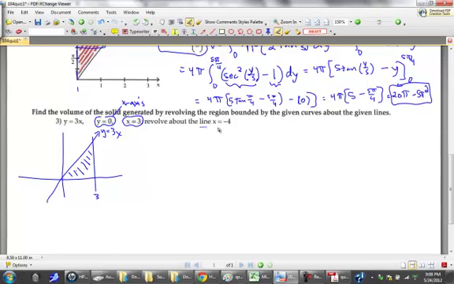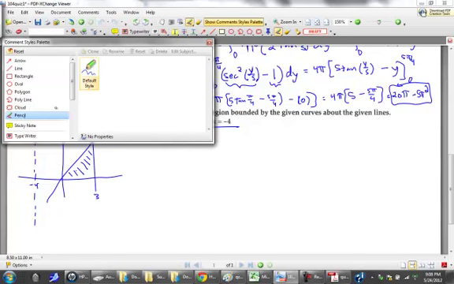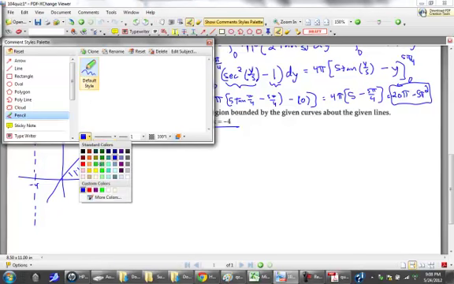What are we rotating about? About the line x equals -4. Okay, and so we are going to do this in shell.